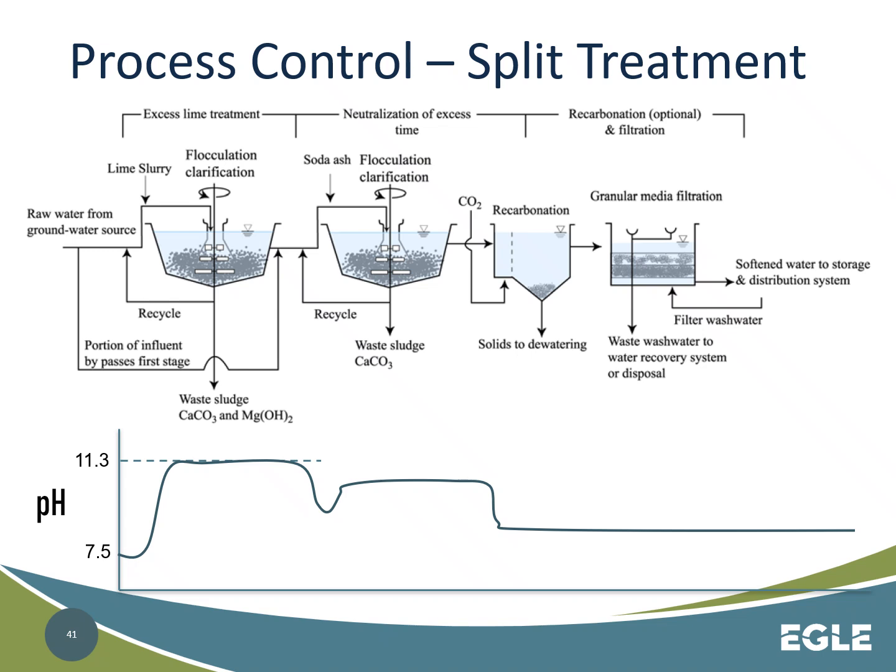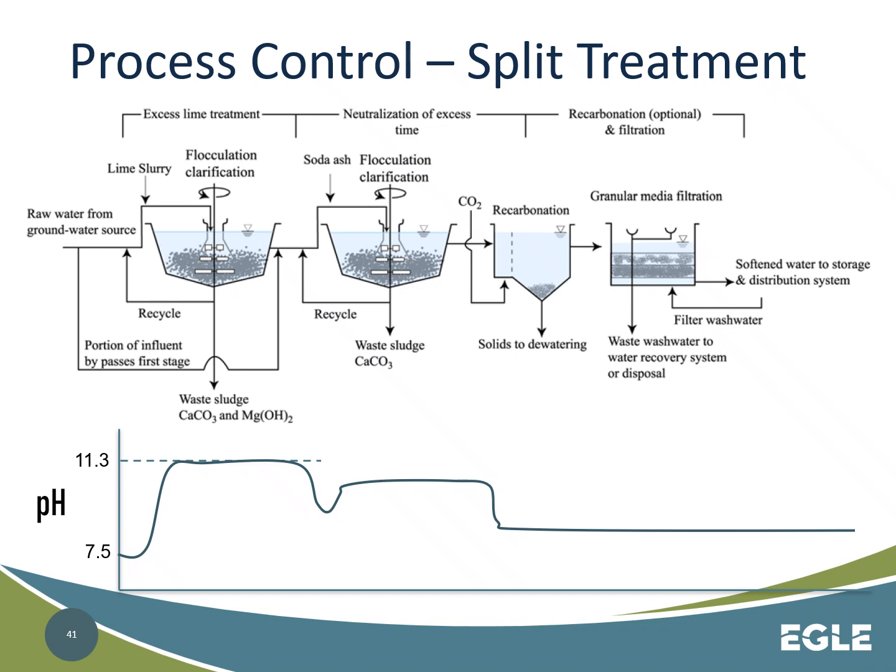Also being introduced into this clarifier is sludge recycle, which can impact pH. Water flows out of the primary clarifier where the bypass raw water is added for recarbonation, which then lowers the pH. But then soda ash is added and some recycled sludge to increase the pH again. After secondary treatment, CO2 is added, lowering the pH.